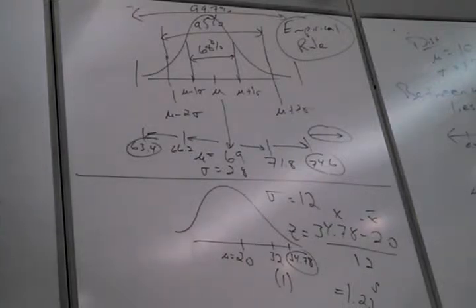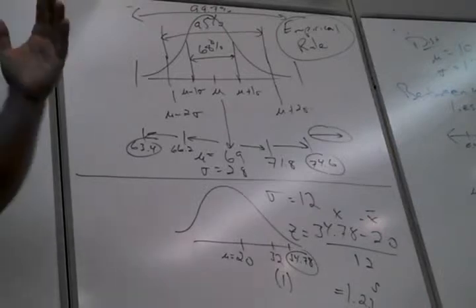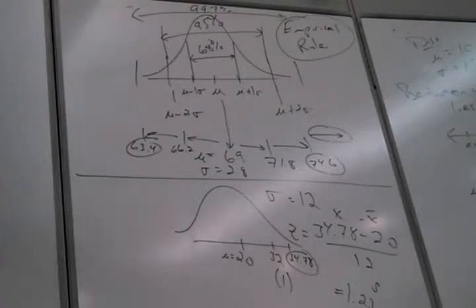Z-score tells me the number of standard deviations from the data point to the mean. There are a lot of different variations on that, right? Say how far from the data point to the mean, measured in standard deviations. So z-score tells you the number of standard deviations from the data point to the mean.